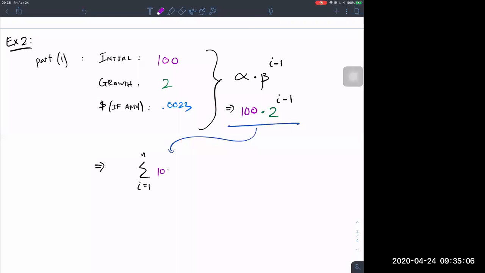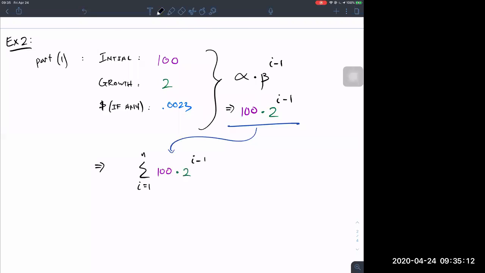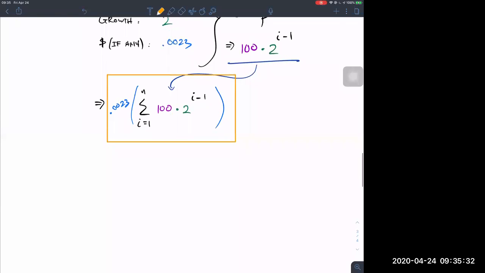Let me just color code that really quick: 100 times 2 to the i minus 1. And the last thing is, remember, you're making money, so you have to multiply by 0.0023. I wrote that at an angle because I didn't have enough room. There we go. So this piece is going to go into your model.